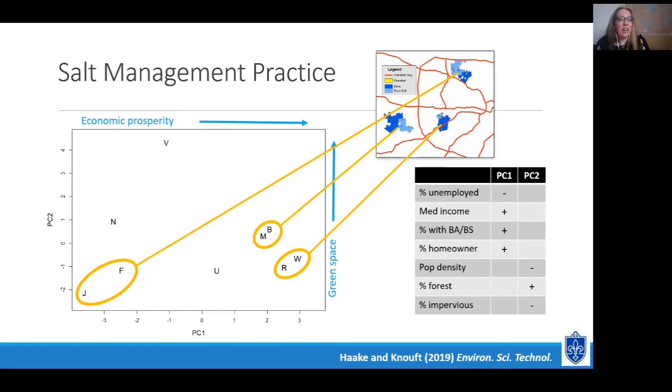The first 2 PC axes accounted for about 77% of the variance. The first axis is strongly correlated with economic prosperity, and the second axis correlated with population density and green space. So based on these metrics, the study cities were shown to be more like their paired city than the other study cities or any other nearby cities.